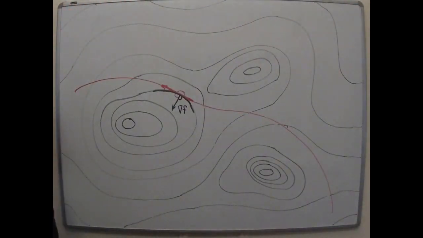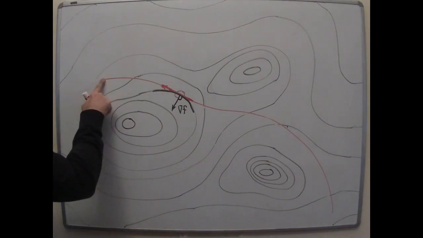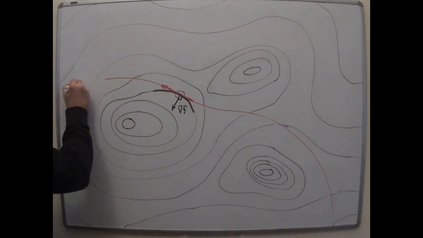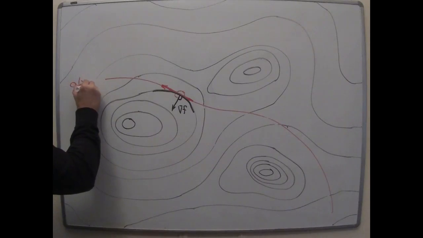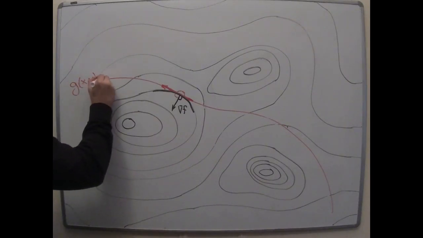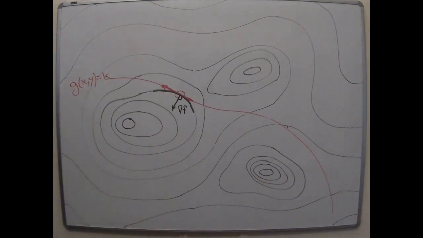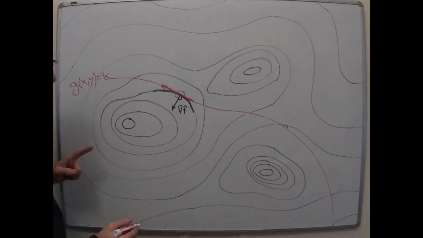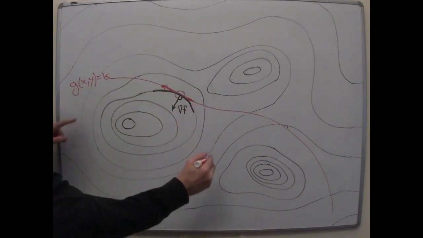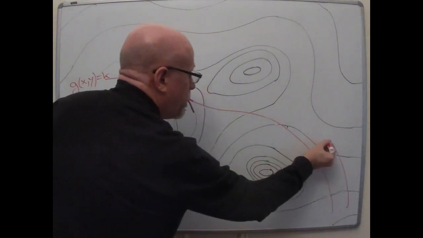So what if this red line was actually defined implicitly by some function equaling a constant? That means if that's g of x, y equals k, there's probably another line parallel to it.